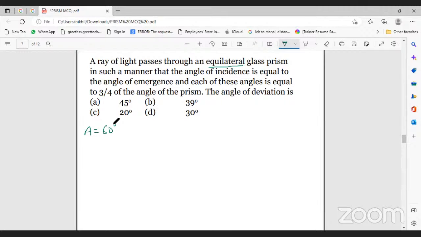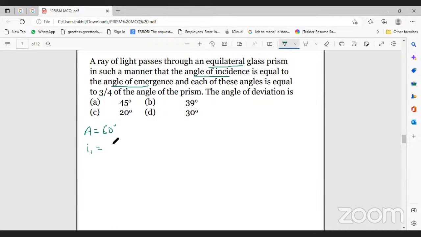In such a manner that the angle of incidence is equal to the angle of emergence.